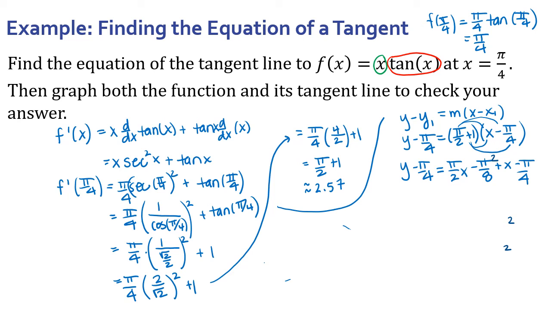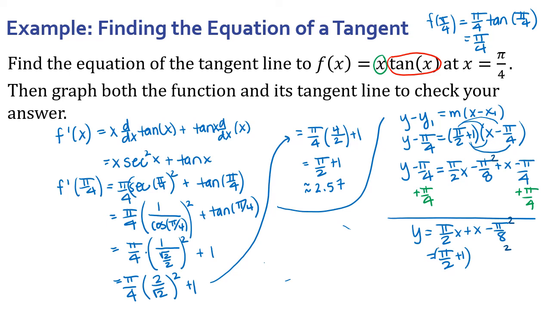The first thing I might do is move this pi over 4 over, because that's going to get rid of that one term, which is great. So then I'm left with y equals pi over 2 x plus x minus pi over 8. I could rewrite that as pi over 2 plus 1 times x minus pi over 8, or you could leave it just like that.